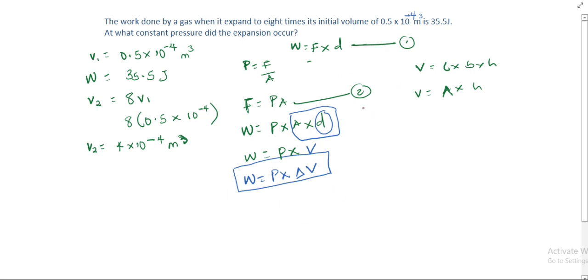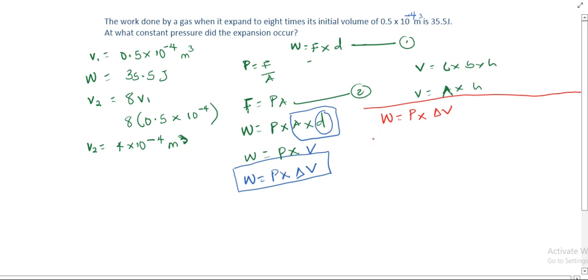I'll be solving the question in this corner here. Let me write the formula out again first. Our work done equals pressure multiplied by the change in volume.